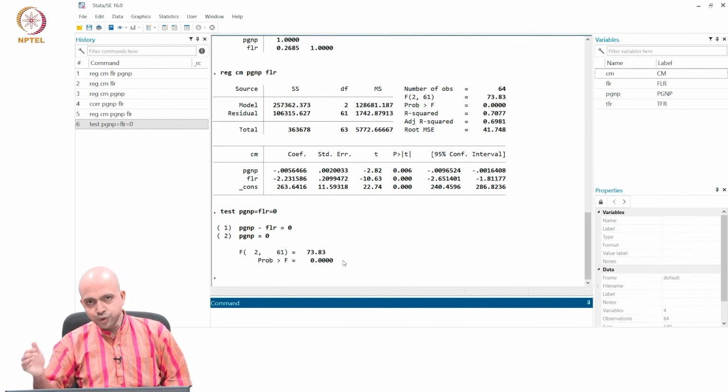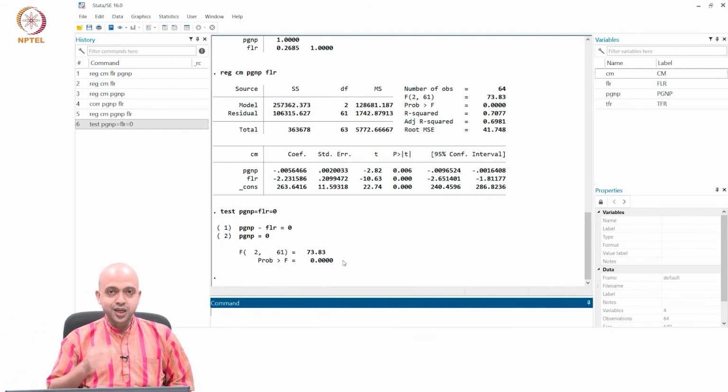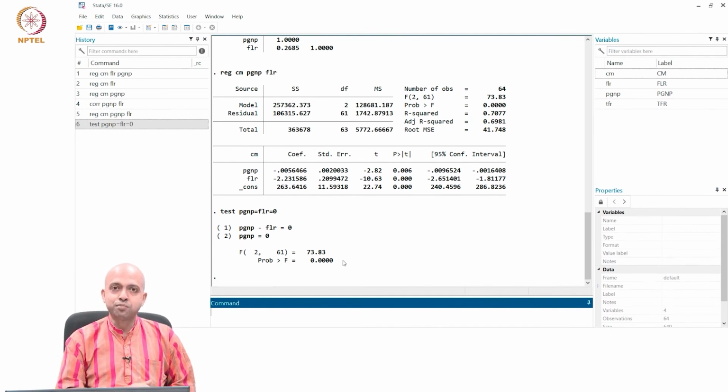And later on when we discuss multicollinearity, we will see that in the presence of multicollinearity, even if your variables are individually insignificant, you will see that still the variables are overall significant. That means T statistics become unreliable in the context of multicollinearity, and we must rely on the F statistic to check the joint significance of the model.